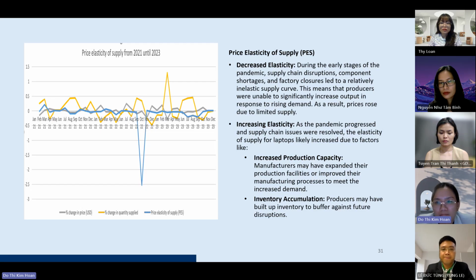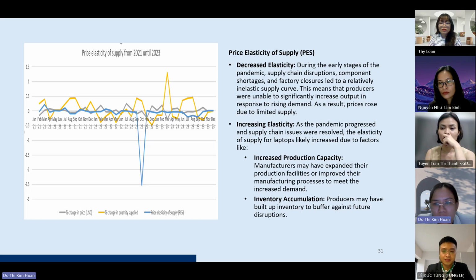It means producers were unable to increase output in response to rising demand. Prices rose due to limited supply, and sometimes it was elastic. The pandemic reset and supply chain issues were resolved.